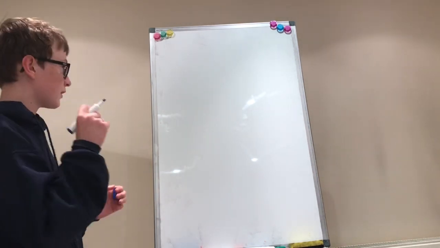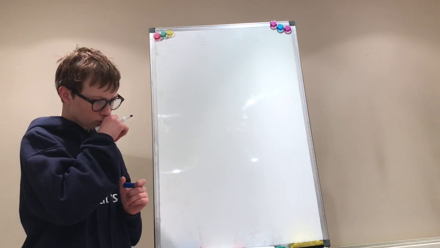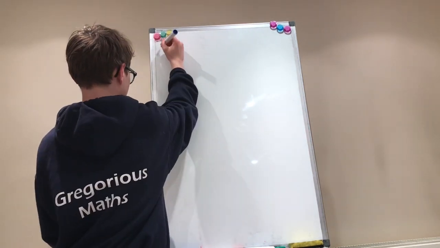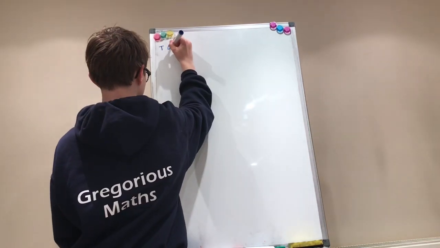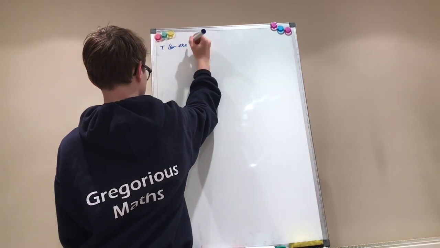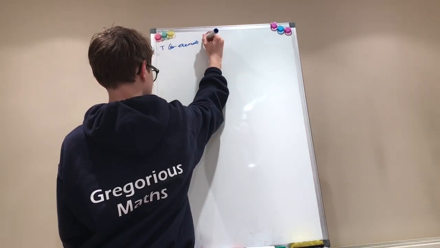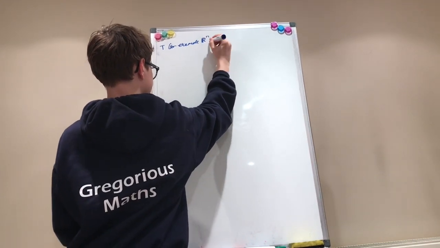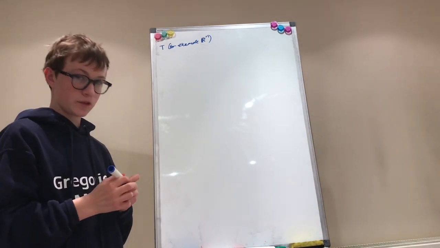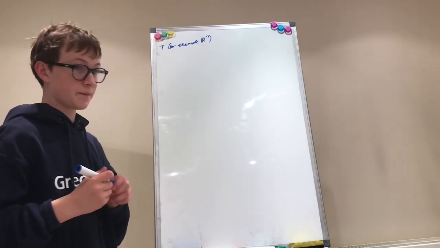Okay, anyway. Say we have some topological space T. For example, Rn. So that's an example of a topological space, right?